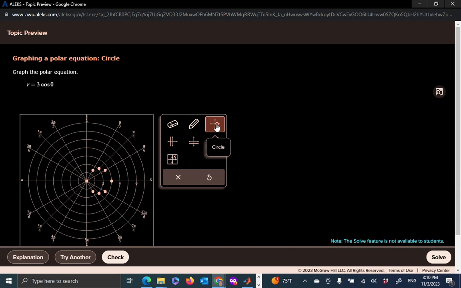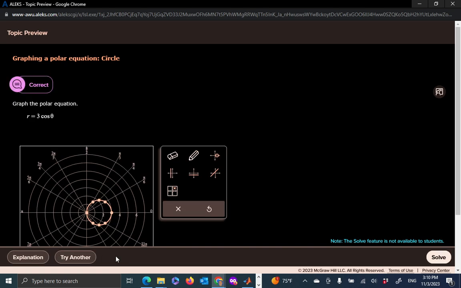Of course, we could have said from the beginning that it is a circle, and this is the circle: we fix one end of it here and the other end of it at this point. With the circle tool, you just specify a diameter and then you're all done. Since this is a good match, we should get our answer.